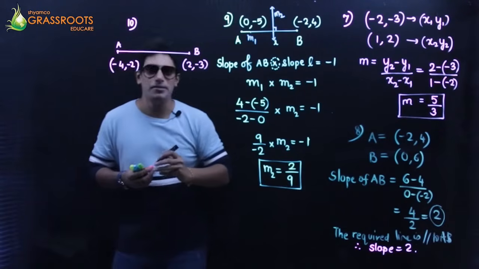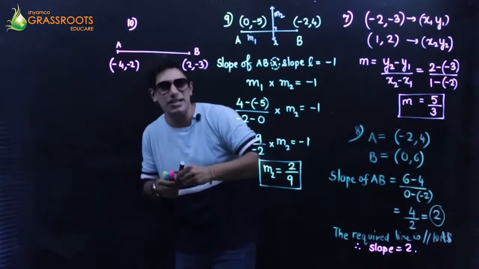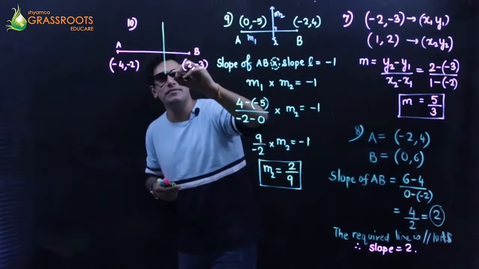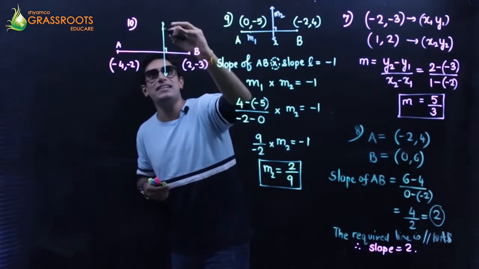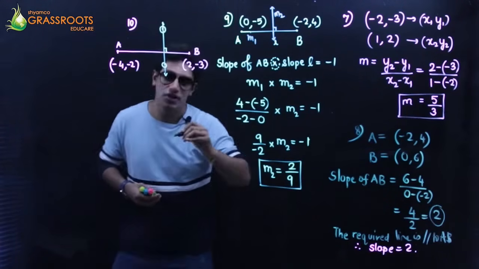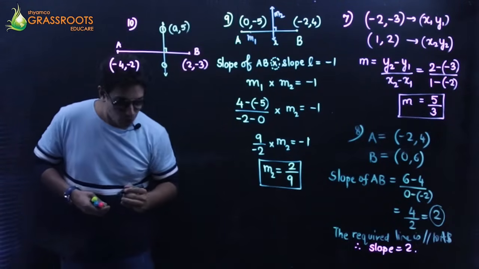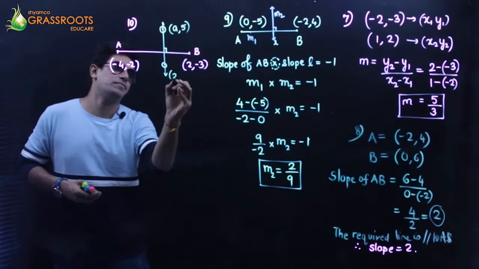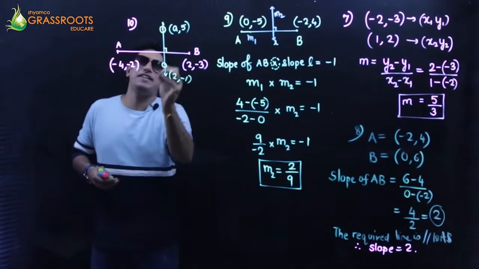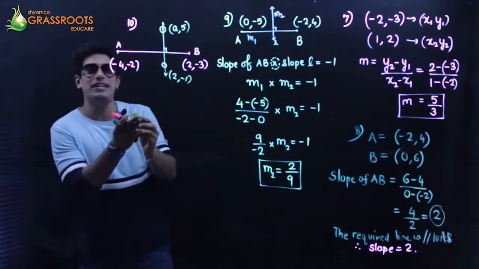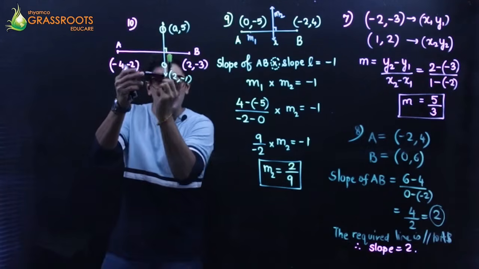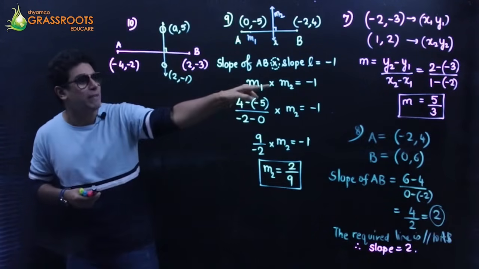This pink line is perpendicular to another line, and that line is passing through another 2 points. One of the points is a, 5 and the other point is 2, minus 1. And if the lines are perpendicular, the product of the slopes is minus 1.